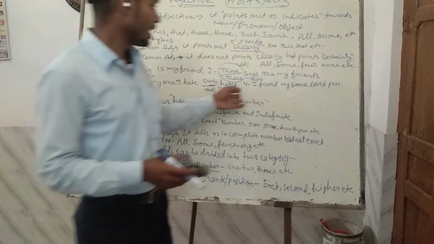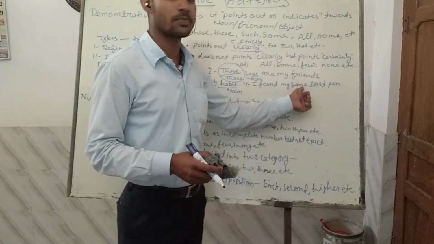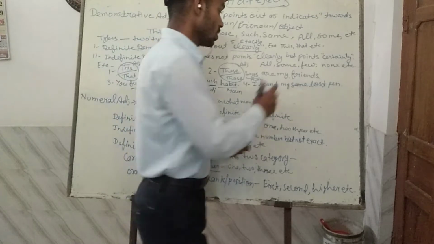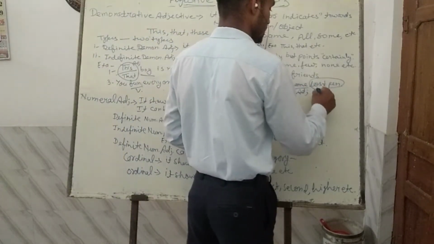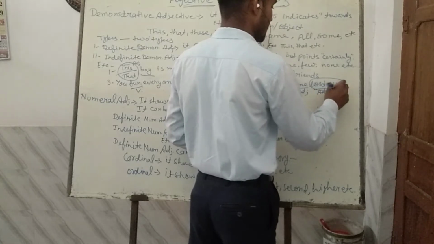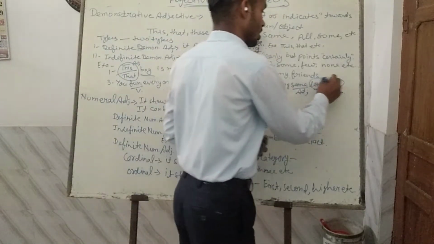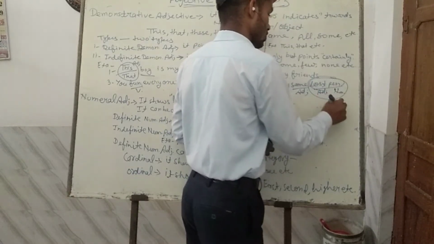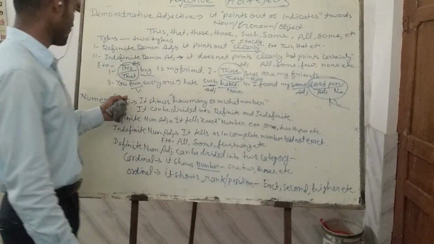In the same way, I found my same lost pen. Which pen? Same lost pen, means वही पेन जो खोई थी, जिसे मैंने पाया. Lost is again an adjective and pen is the noun. But here overall lost pen is the noun. So here same is the definite demonstrative adjective.